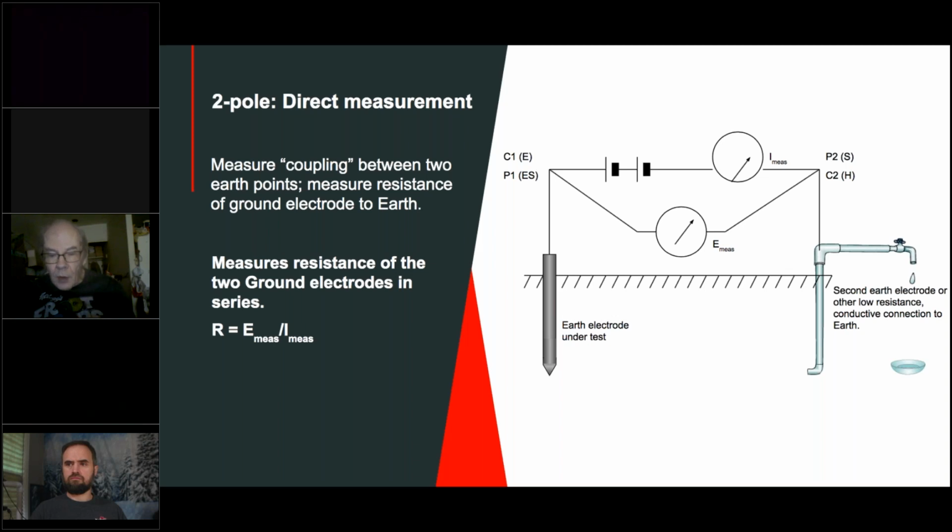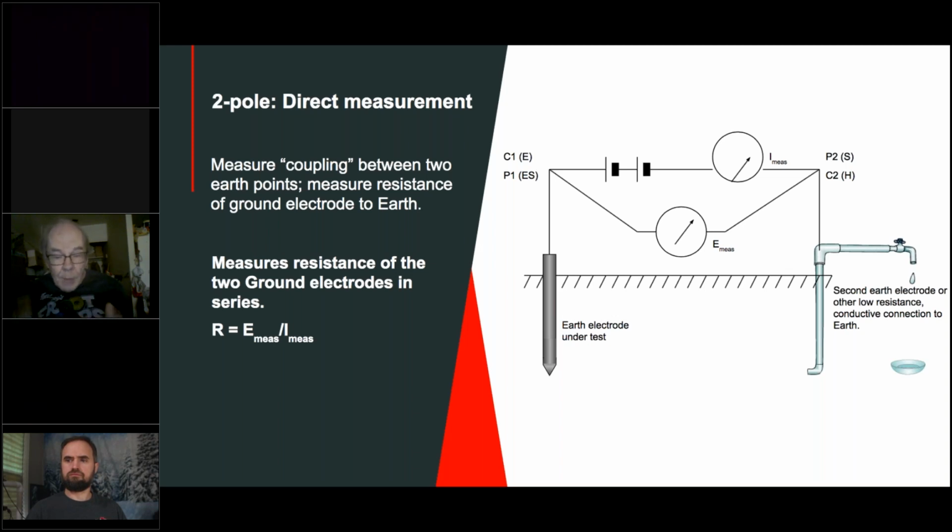What you're counting on, to use this as the resistance of your grounding electrode, is that the water pipe system doesn't contribute very much to the measurement, so most of what you're seeing is the resistance of your grounding electrode. The problem is that it's highly irregular and prone to error. You just have to accept the measurement.